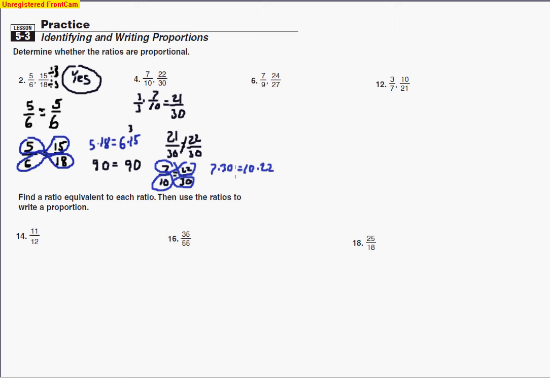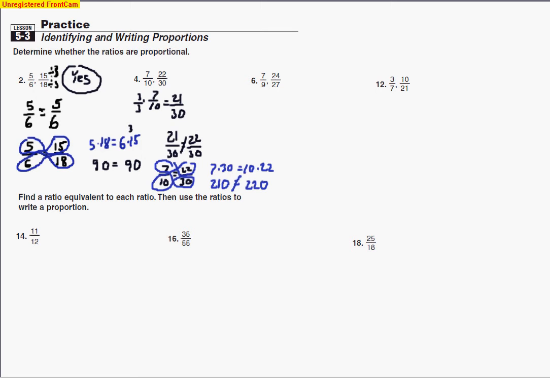And so we go ahead and multiply here. 7 times 3 makes 21, and then you bring that 0 down. Over here, 22 times 1 makes 22. You bring a 0 down here, and you see those are not the same. So either method ends up working. This method's nice. Numbers are a little smaller, but sometimes it's hard to find the common denominator. So we'll stick with the cross products method for the next couple problems and see what happens.